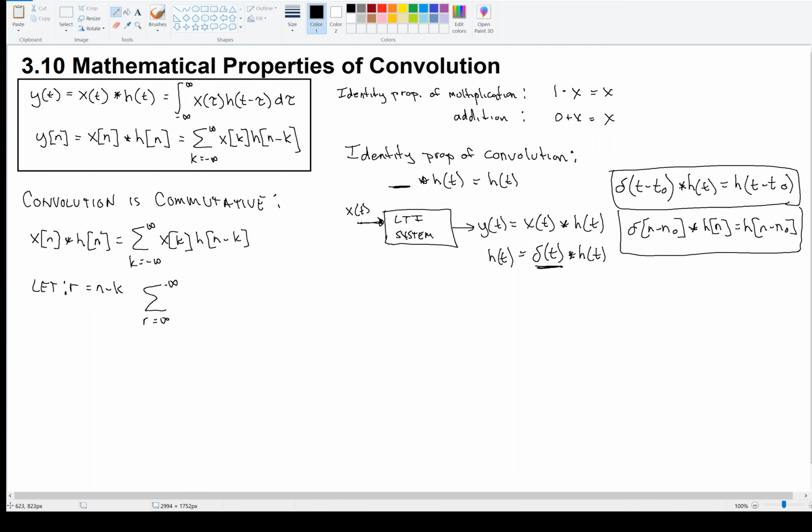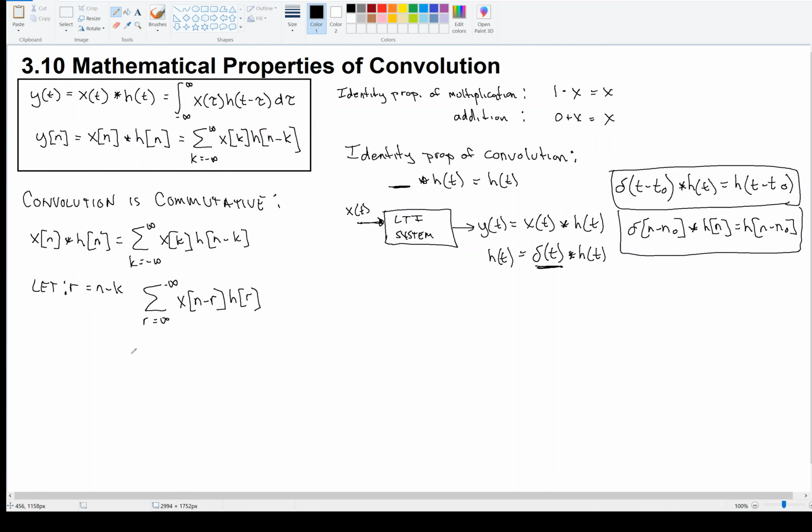Then if I solve for k in this little equation that I've set up, k is n minus r, and h[n minus k] becomes h[r].